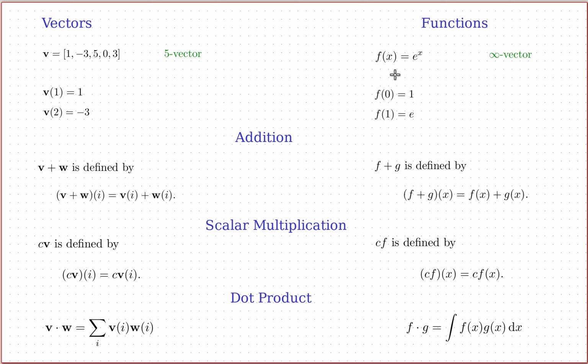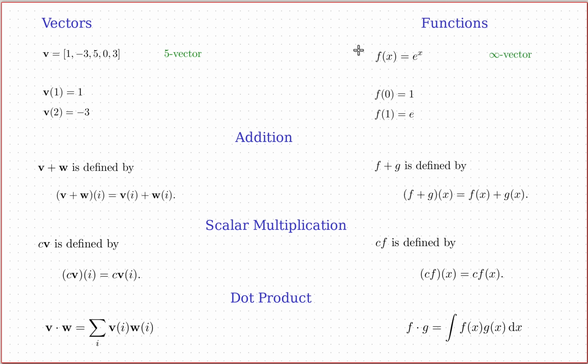The difference is that the function f has infinitely many components. It has a component for each different x value you can plug in. So in a sense, a function is like an infinite dimensional vector, a vector in an infinite dimensional vector space.